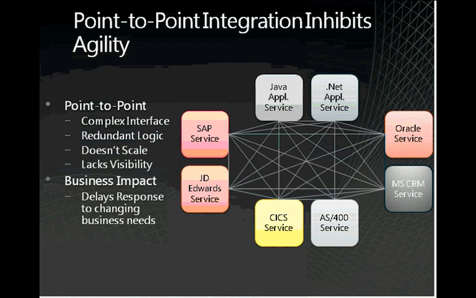The business impact for an organization is that it is difficult to change an interface, but also it's difficult to change an application. So one technique often used to solve these problems is an enterprise service bus. And an enterprise service bus is a pattern to create a framework for service-oriented architecture, or SOA.